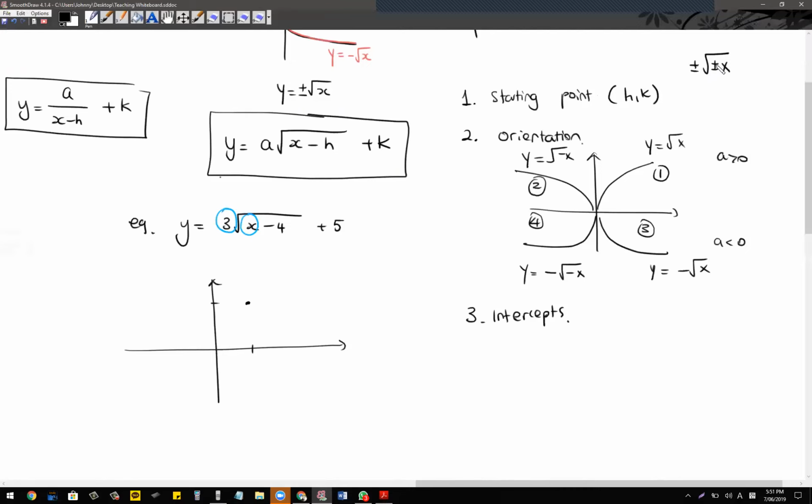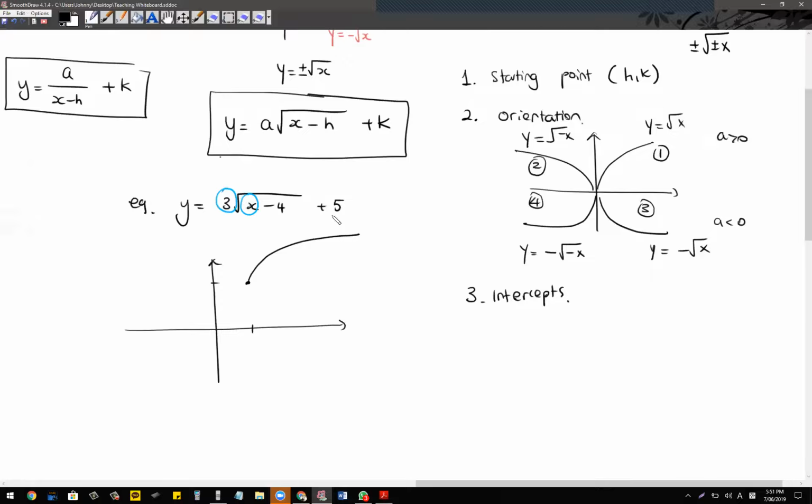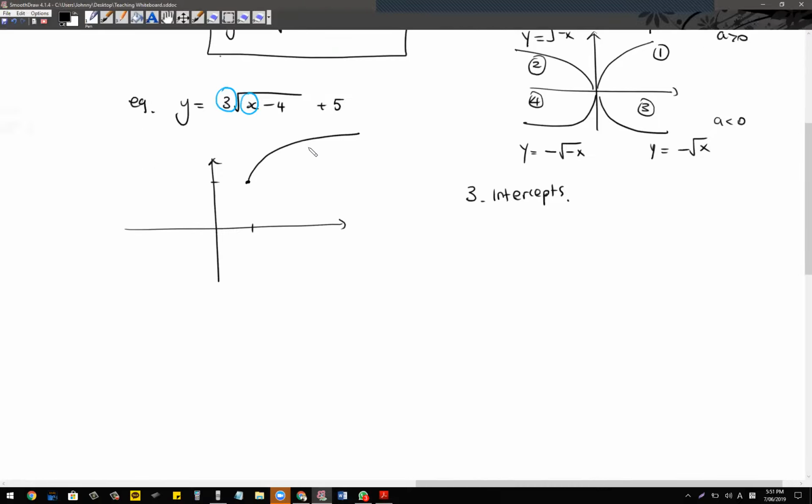The positive or negative inside the root cannot come out to the front, so they don't cancel out. So that's the end of the graph. It doesn't have any x-intercept or y-intercept.